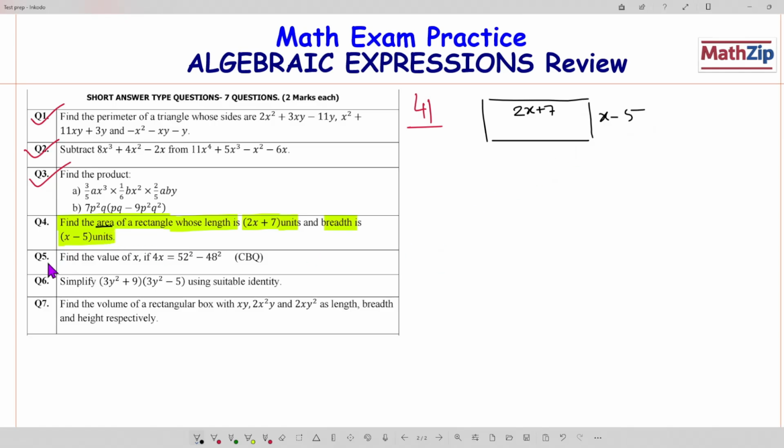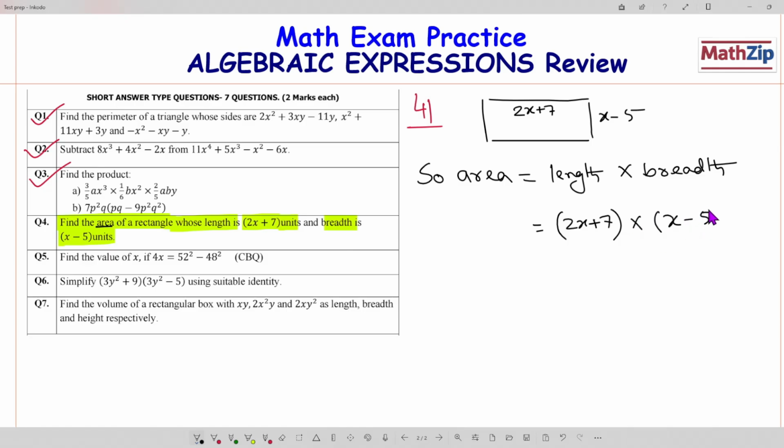We have to find the value of the area. Area equals length times breadth, right? So here it is 2x plus 7 times x minus 5.